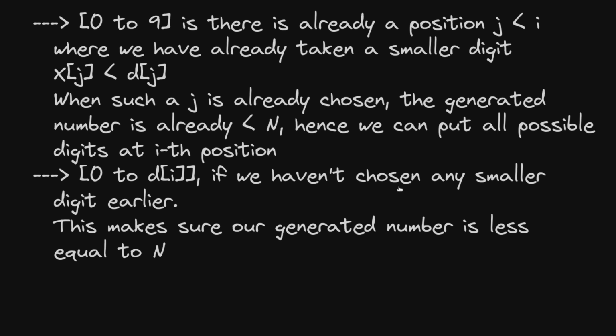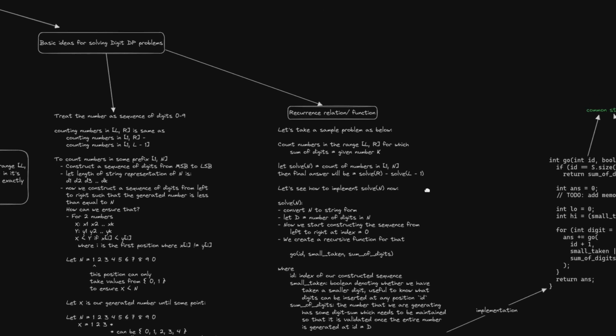This positioning makes sure that the number that we are generating from left to right of length k is less than or equal to n. This condition is a little bit similar to lexicographical comparison as well, so that is also helpful.